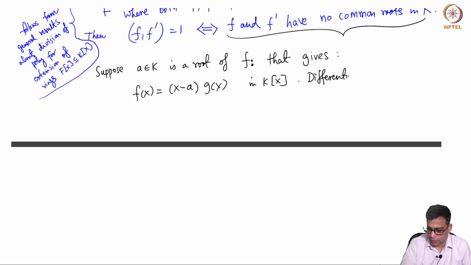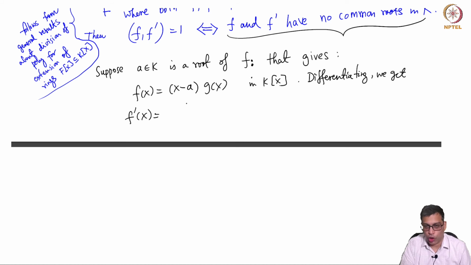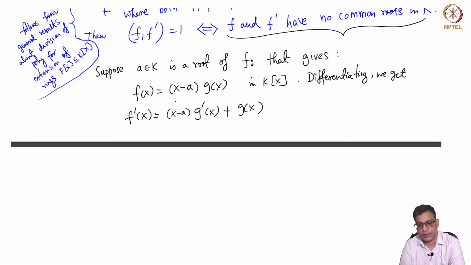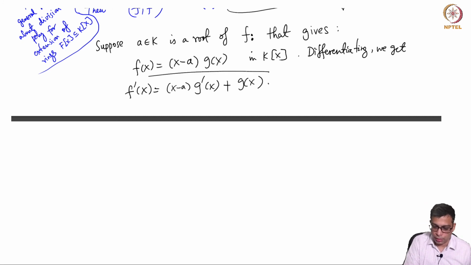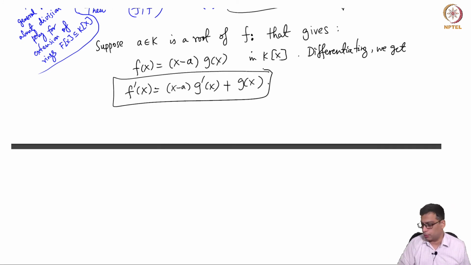Differentiating both sides, we get f prime(x) by the product rule. Formal derivation of polynomials follows the usual derivative rules. So this is (x minus a) times the derivative of g, plus g(x) times the derivative of (x minus a), which is 1. This is the important equation that I want to analyze.